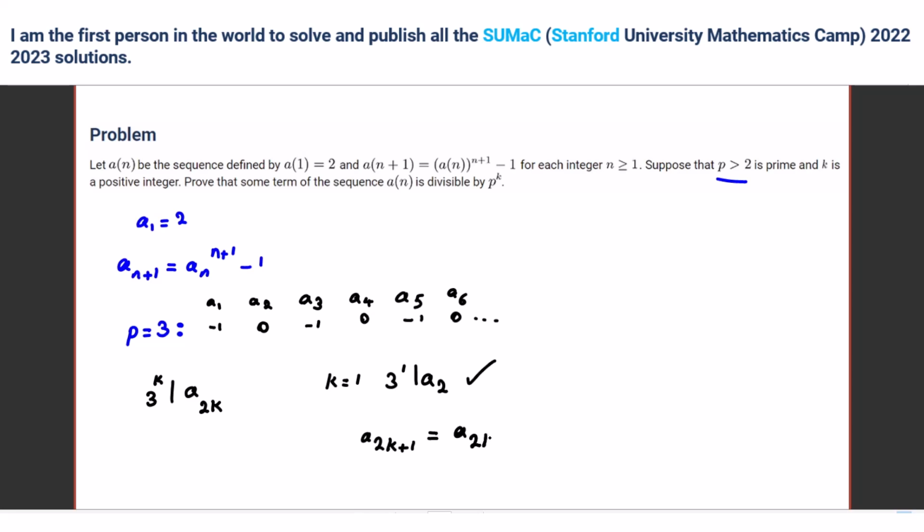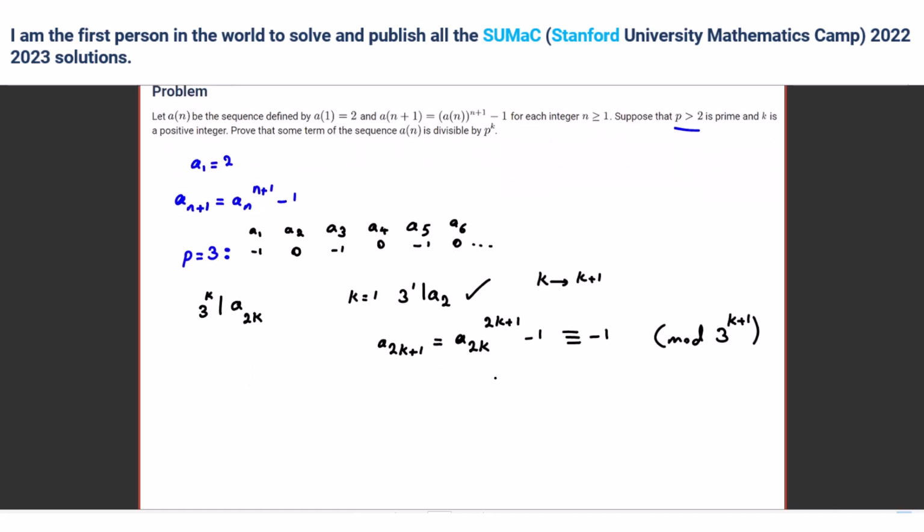It's a to the 2k plus 1, minus 1. You said 3 to the k divides this, so because we raised the power of something, it is negative 1 mod 3 to the k plus 1. Yes, exactly. Then what?